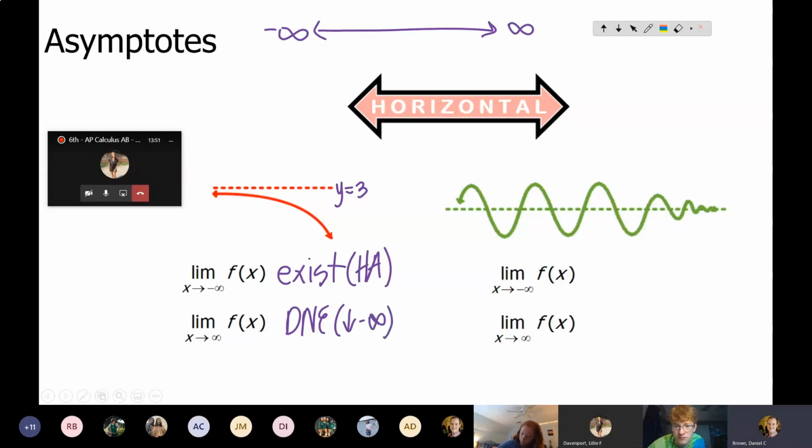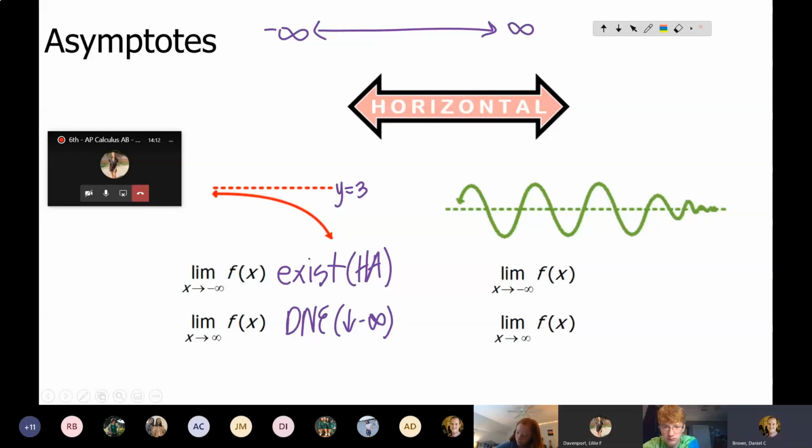So since it does not level off, it's going to be DNE. And that's one important thing to notice when you're talking about limits at infinity. If it levels off, no matter which way it levels off, then the limit's going to exist. If it's not leveling off, then we're going to say that the limit does not exist.